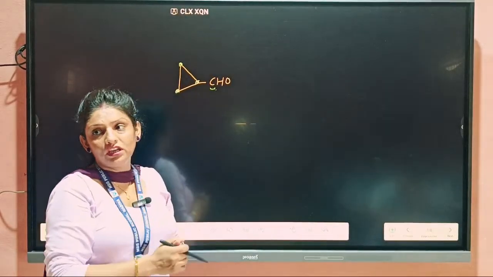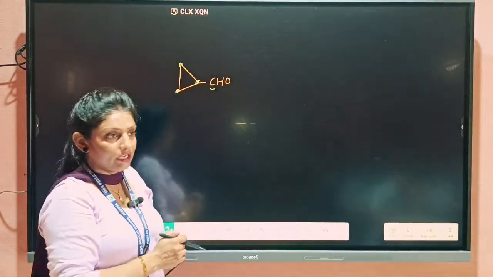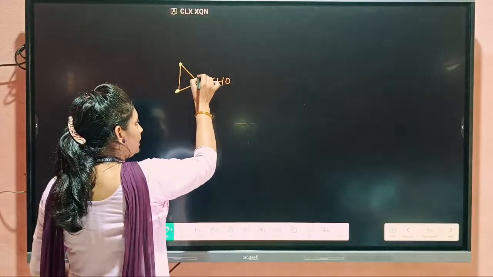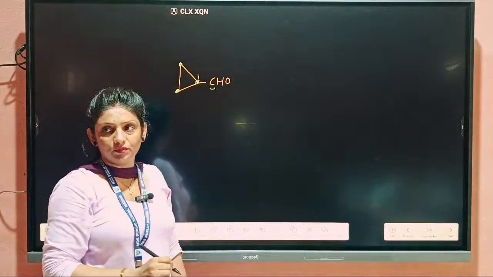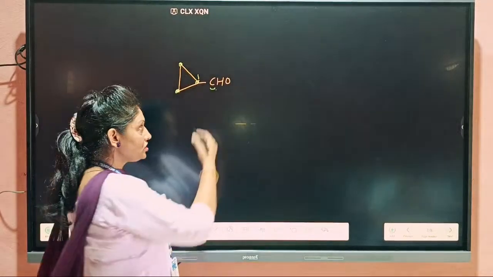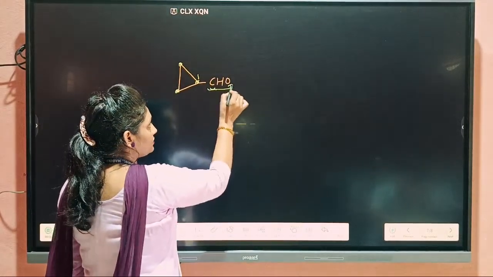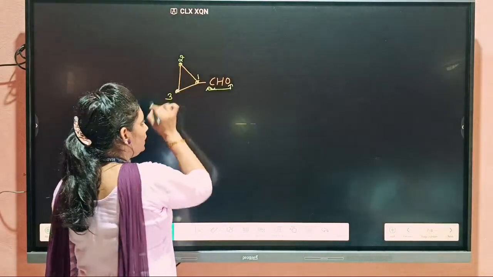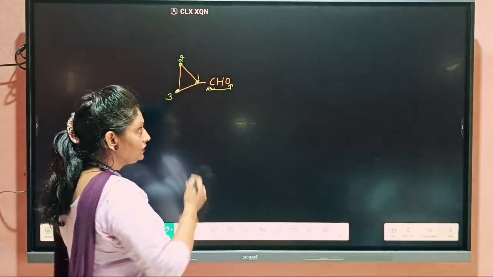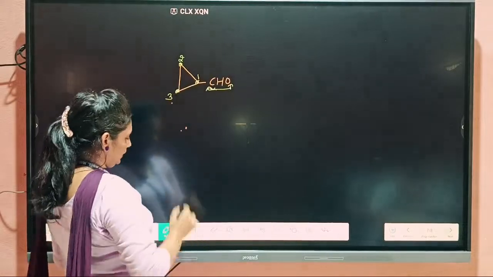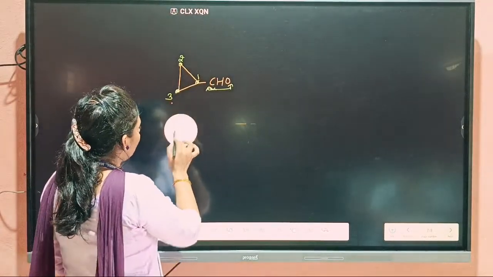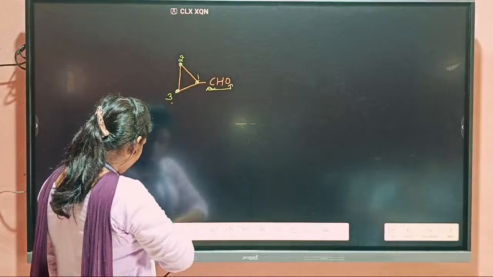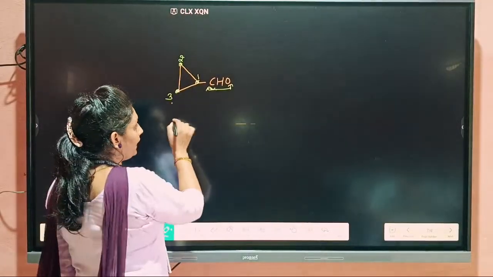So how can we give the name to this one? Here we will take this carbon first, at which the functional group is attached. 1, 2, 3. So there are 3 carbons present. So how can you write it?